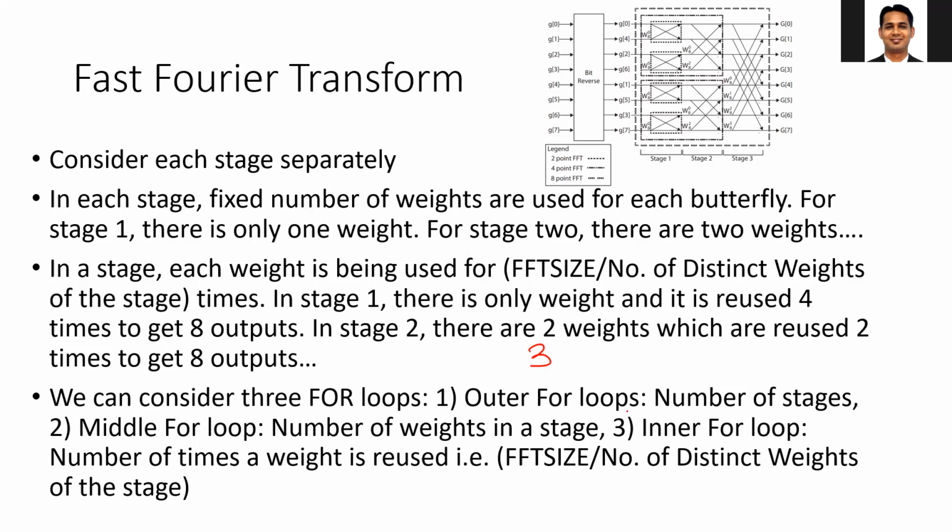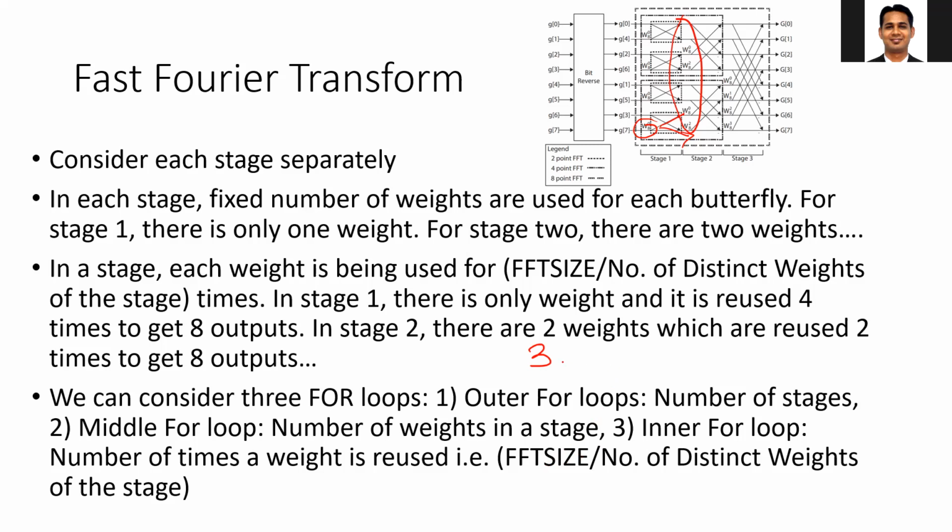Then in the innermost loop, we'll get the output. So at the innermost loop, we need to get the 8 outputs for every case, right? But you can see that a given weight affects 2 outputs, so from 1 iteration of the loop, we can get 2 outputs.